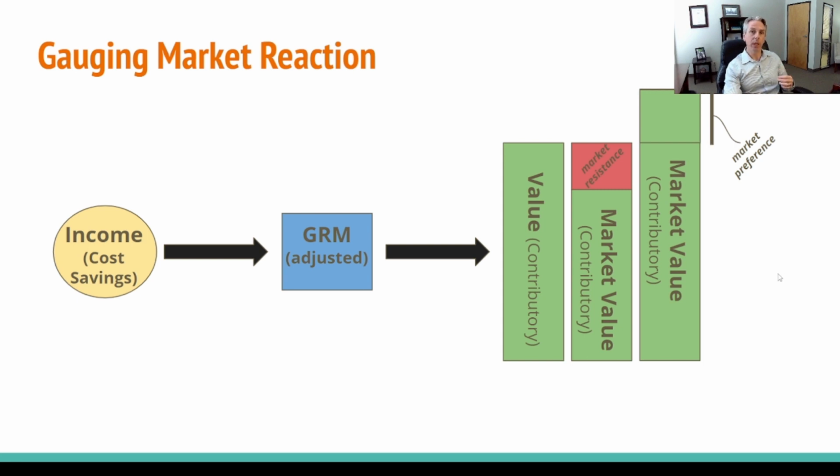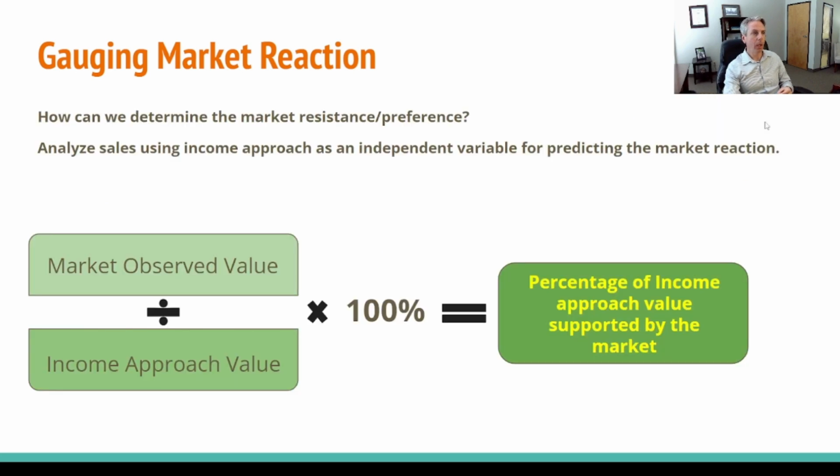So how do we actually make those observations? We can determine this market resistance or market preference factor by analyzing our sales using the income approach as an independent variable, a predictive variable for that market reaction. We'll talk in a few minutes about why we want to do that, but first I'll talk about how you would do that.